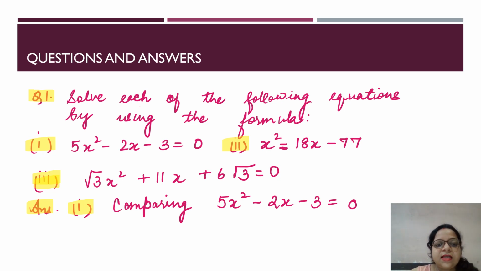Okay, answer first one. The first equation which we solve, comparing 5x square minus 2x minus 3 is equal to 0 with the standard equation, that is ax square plus bx plus c is equal to 0, we get the value of a as 5, b as minus 2 and c as minus 3.